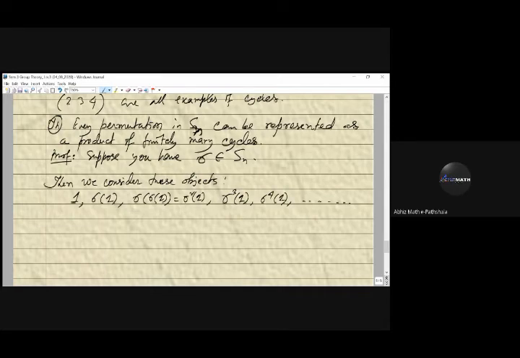This shows that you will find two positive integers r, s in Z plus such that sigma to the power r 1 equals sigma to the power s 1.